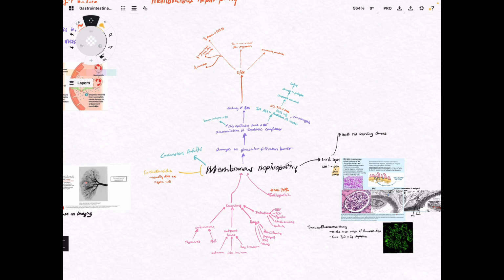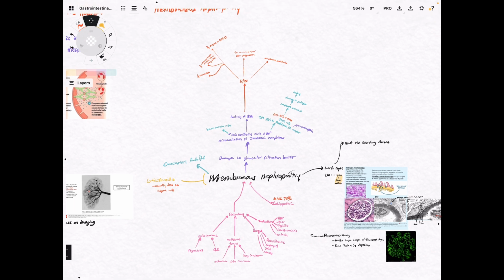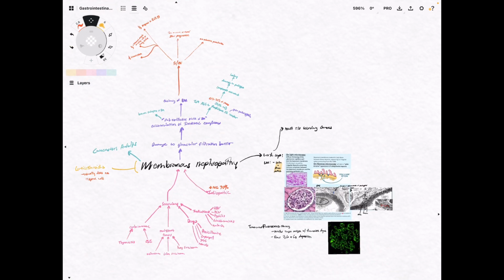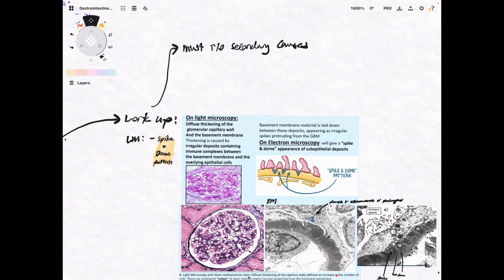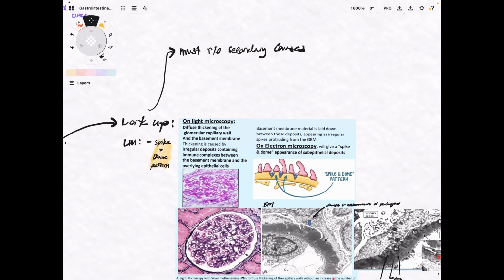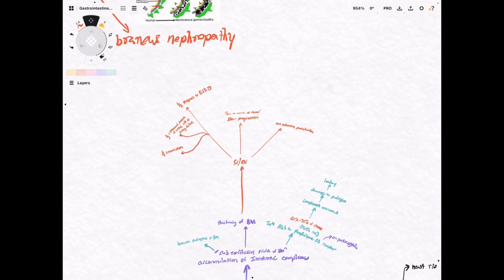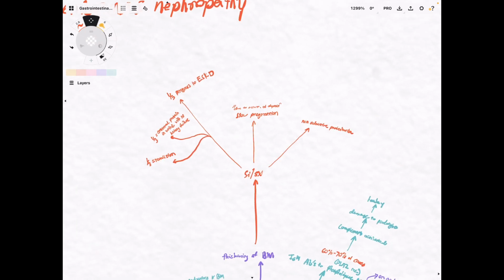So you remember you have the subendothelial and epithelial sides of the basement membrane, so it goes through the endothelial layer and lodges on the epithelial side. So obviously it's very small complexes. This can cause thickening of the basement membrane, described as a spike and dome pattern, so it causes thickening on the subepithelial side, and this can present with non-selective proteinuria.